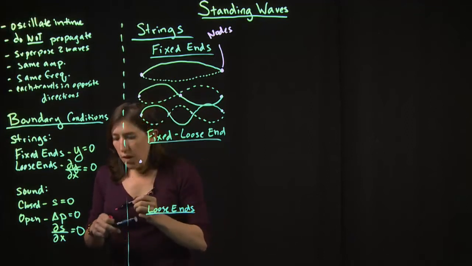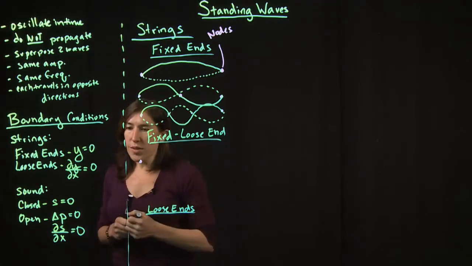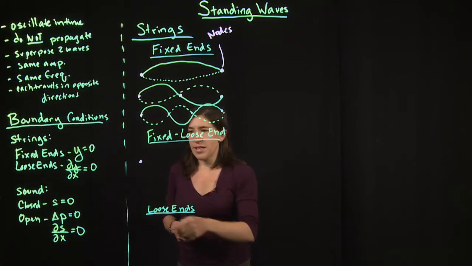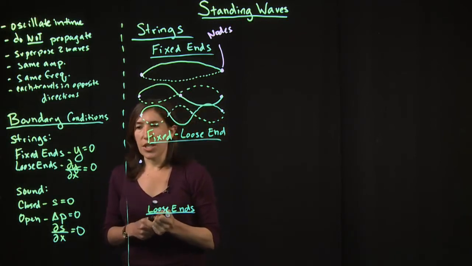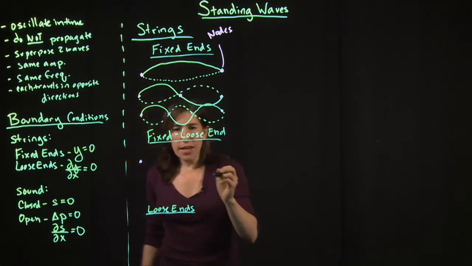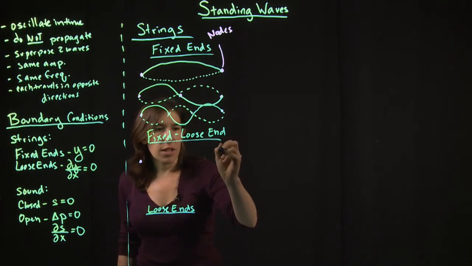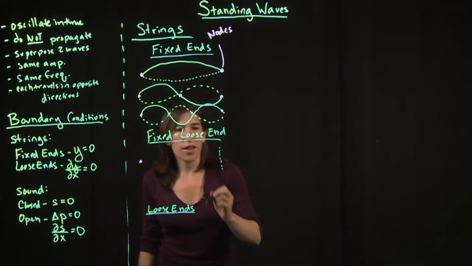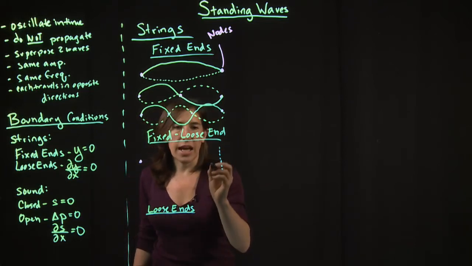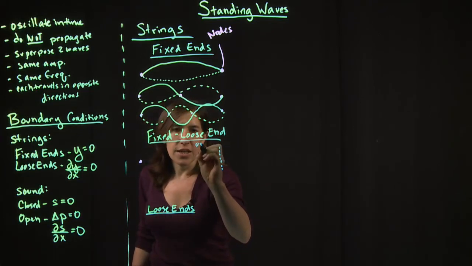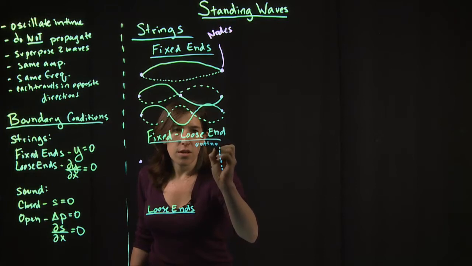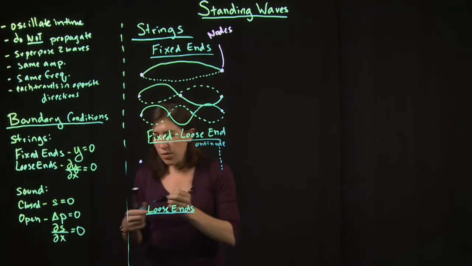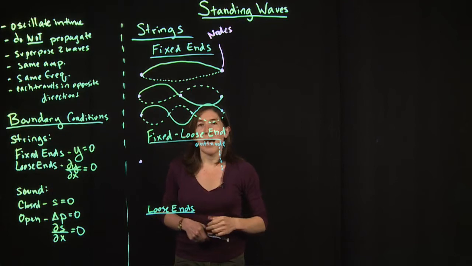So we'll have a node at one end, but if our other end is loose, then what we're going to have is this place where the derivative vanishes. And what that really means is this is where we're going to have something called an antinode. And what I'm going to do is draw that with a sort of a blue dotted line. So this is now an antinode. And this is where our displacement is going to be at its maximum value.